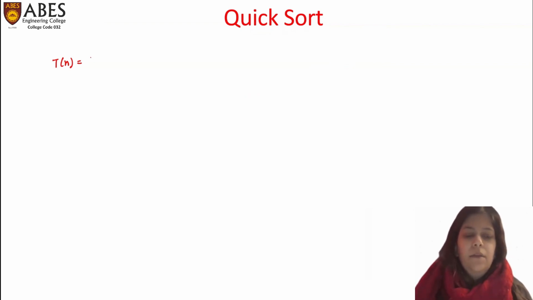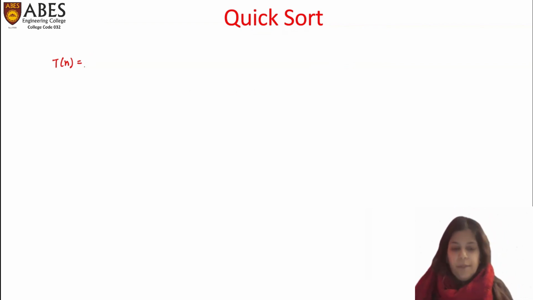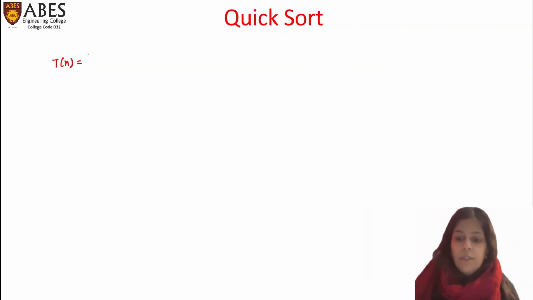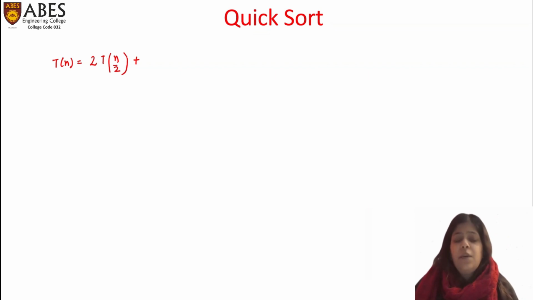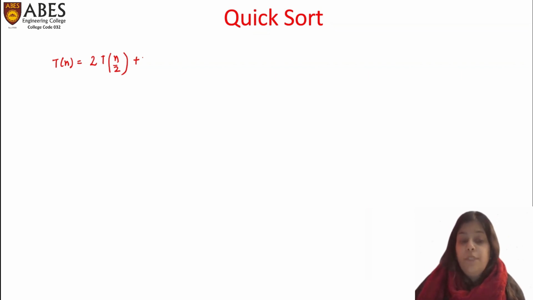Suppose the pivot element is dividing the array into two equal halves. Then T(n) can be written as 2T(n/2), because we are getting two arrays of size n/2, plus the total time required to put the pivot at its appropriate position.